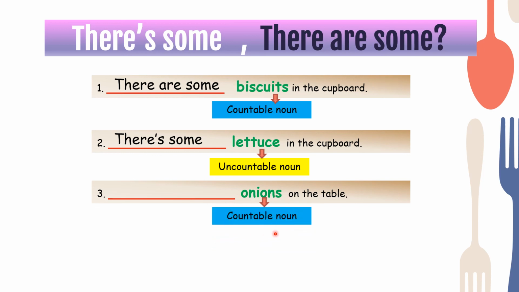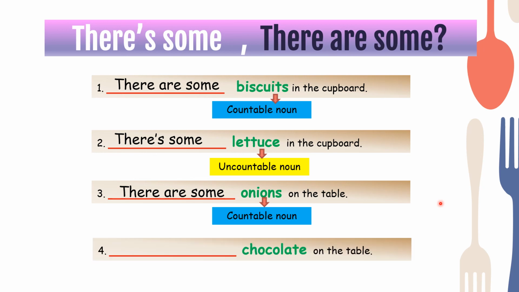So if countable noun, which phrase is most suitable to be filled in this blank? Is it there's some or there are some? Let's check the answer. The answer is there are some. Okay, now we have reached the last question of the day, which is question number 4.